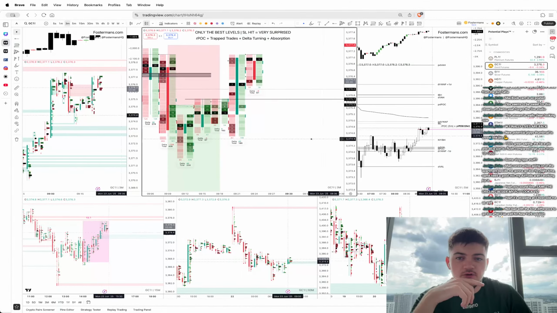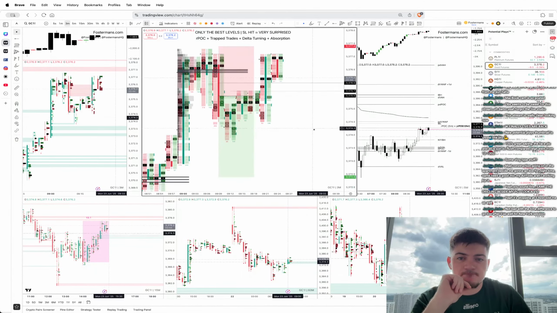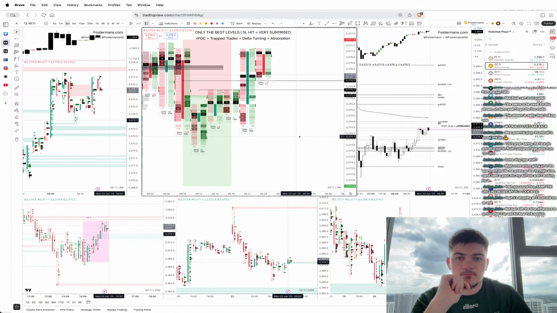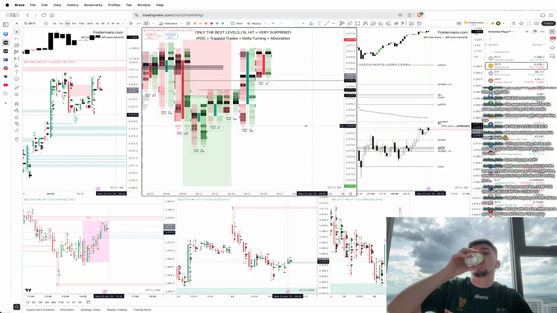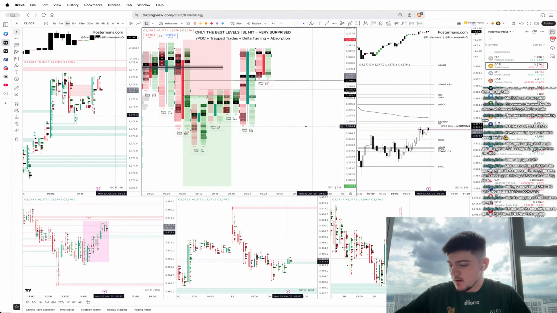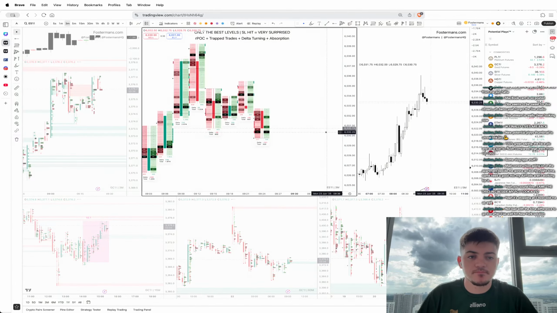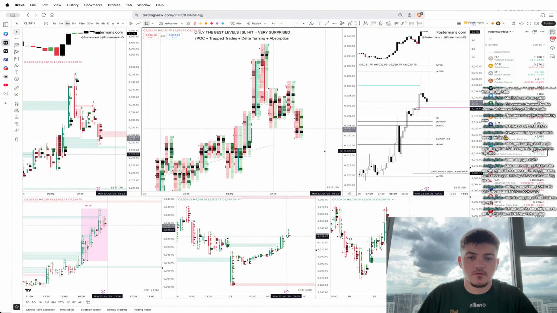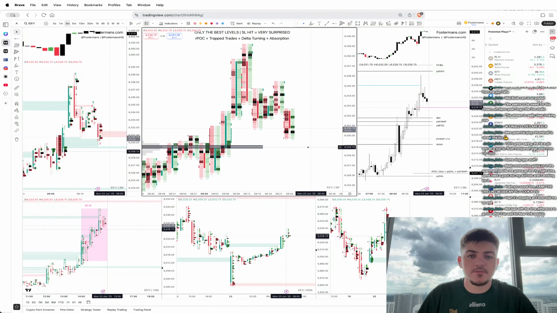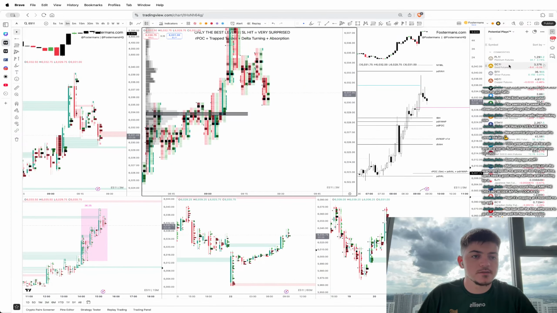So still hovering around this POC. Sellers are trying, man. Sellers are trying. Let's see if they'll get what they want. What's the ES looking like? Alright, nearly at TP for ES.